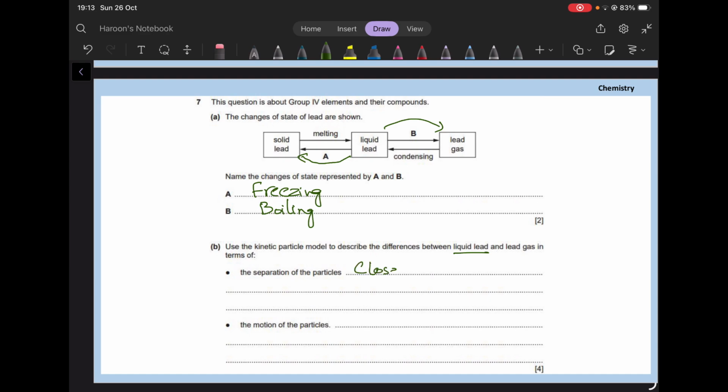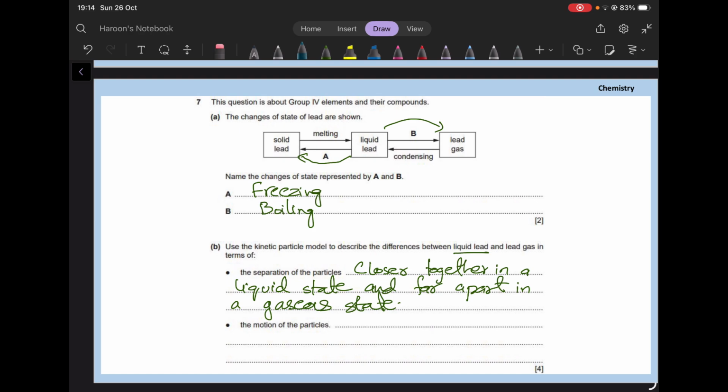Closer together in a liquid state, as compared to a gaseous state, where they are far apart. This is 4 marks, so a detailed answer.